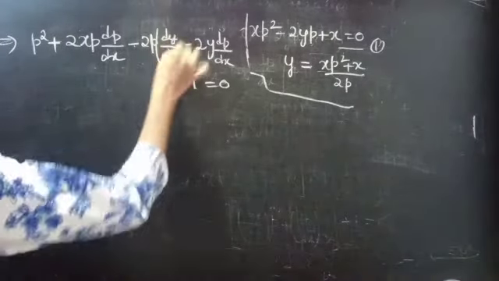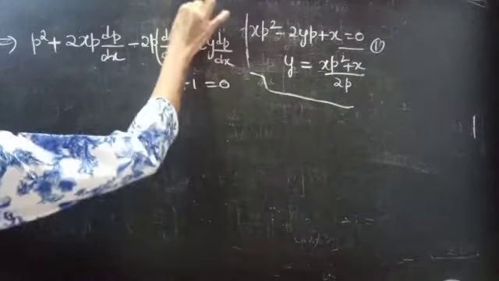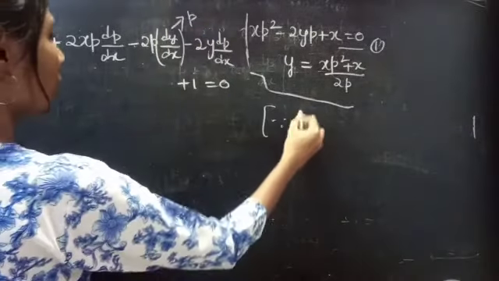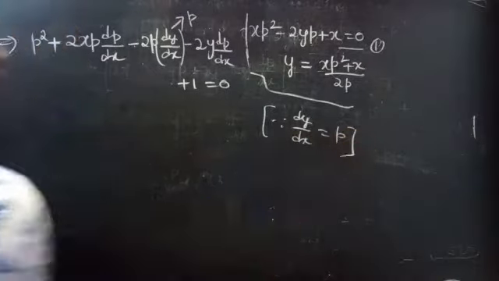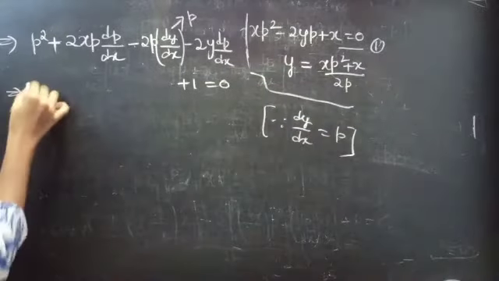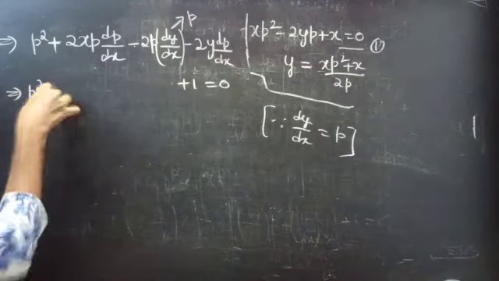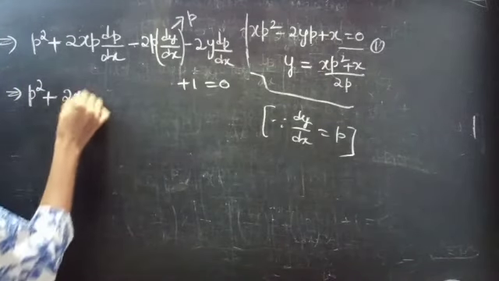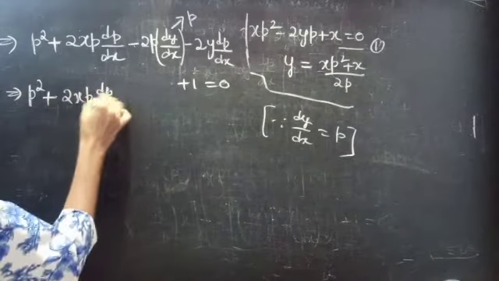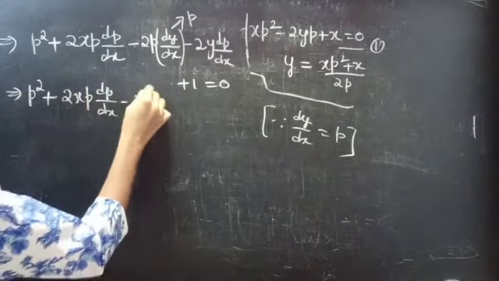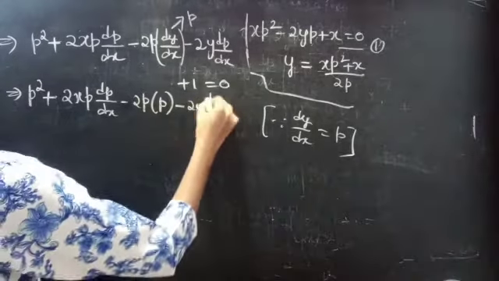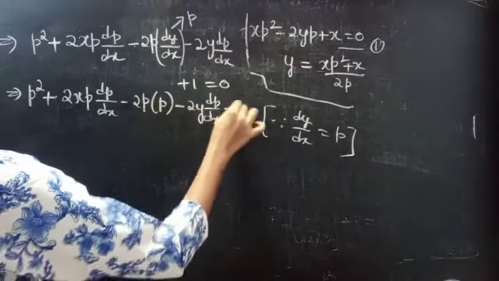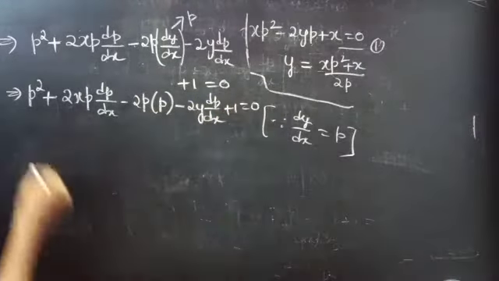Now put dy by dx equals p. Then the above equation becomes p square plus 2xp into dp by dx minus 2p into p minus 2y into dp by dx plus 1 equals 0.